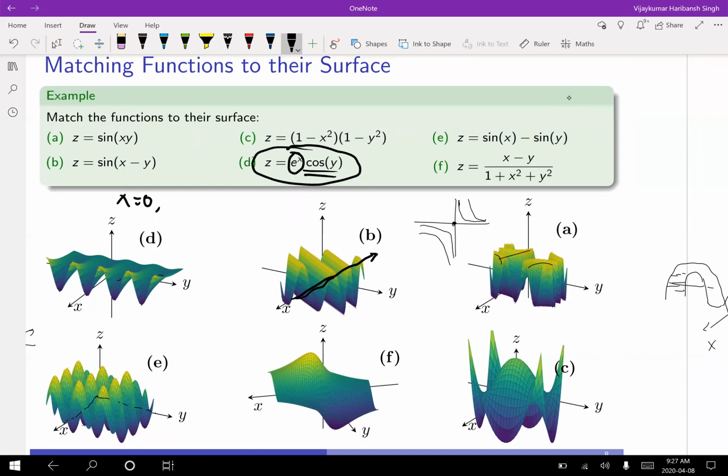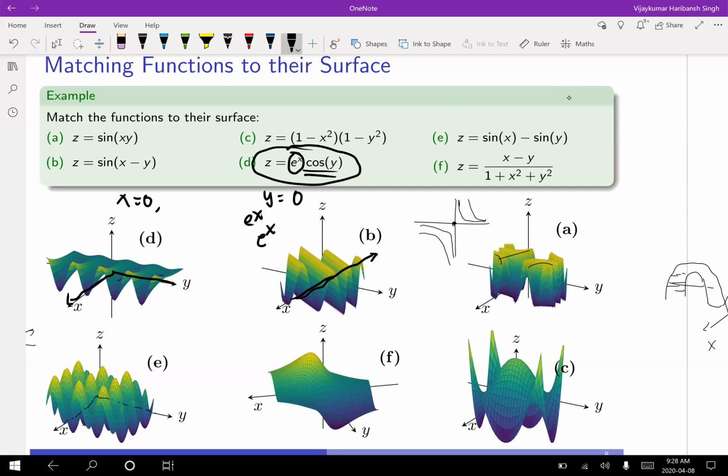So suppose y is 0, and we can keep on increasing e to the x, right? So it will become like e to the x when y is 0. We can see that in this graph, that is being satisfied.